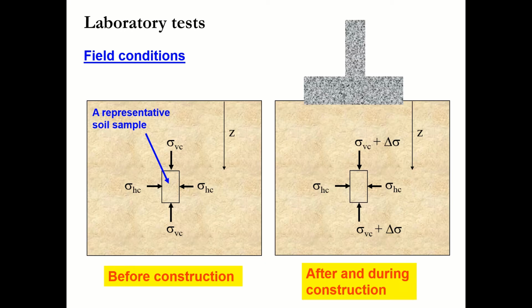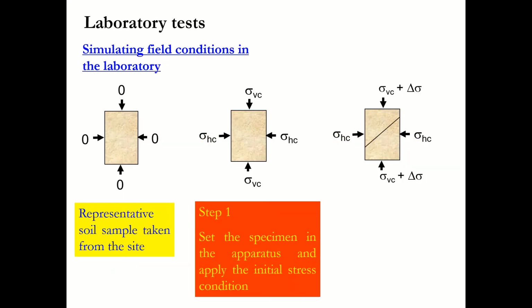Before and after construction, the difference is that there will be some additional load from the vertical direction. So our sigma 1 will be sigma v plus del sigma, and sigma 3 will be equal to sigma h. And we will try to simulate this field condition in our laboratory test.